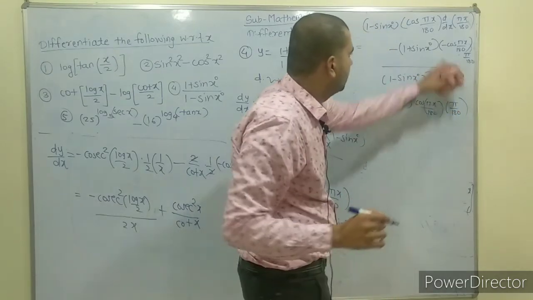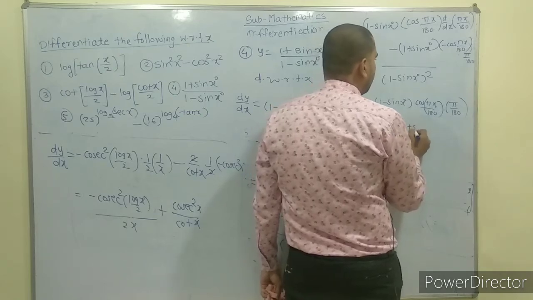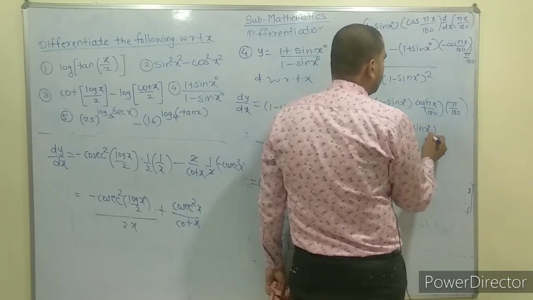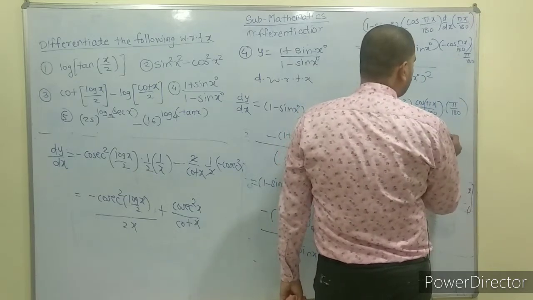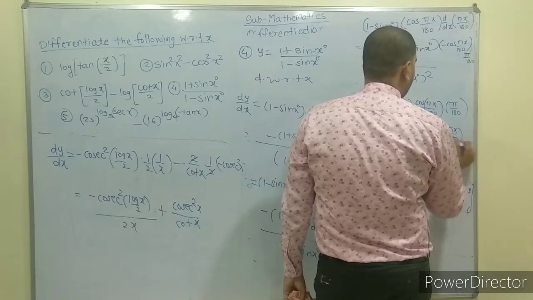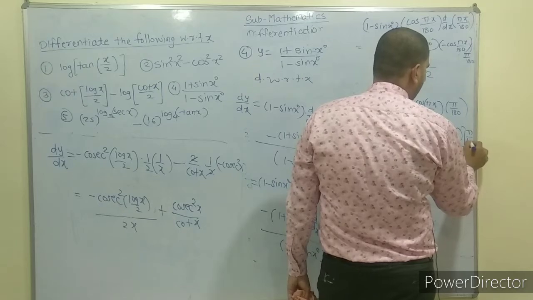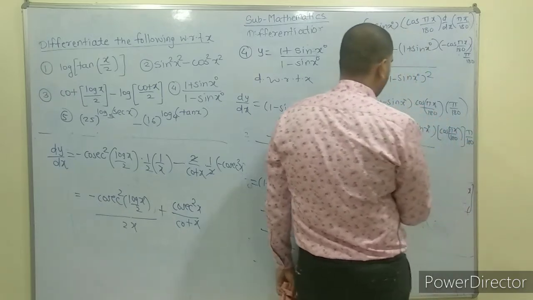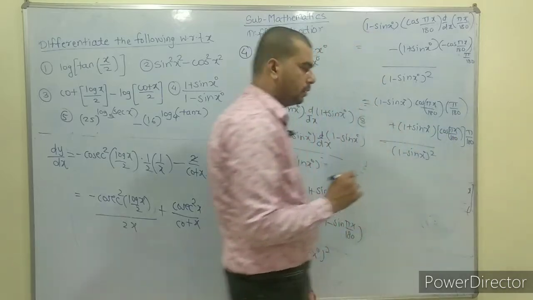This minus into minus becomes plus: 1 plus sin x degree into cos(pi x upon 180) into pi by 180, divided by (1 minus sin x degree) whole square.